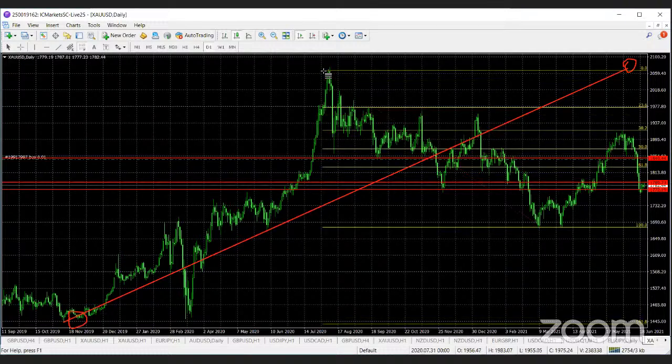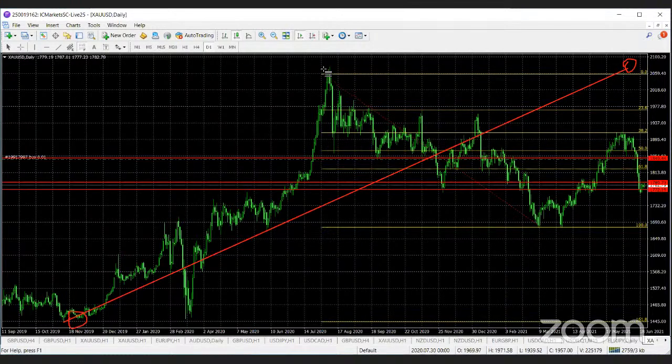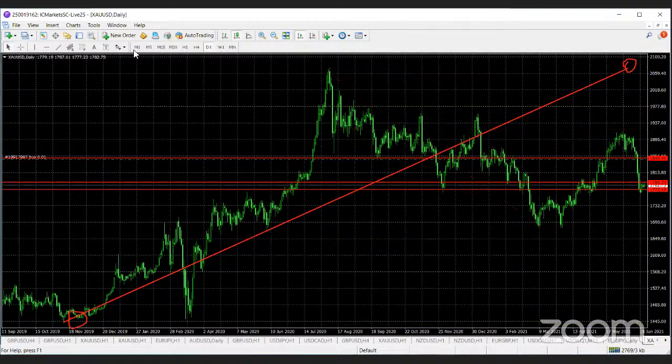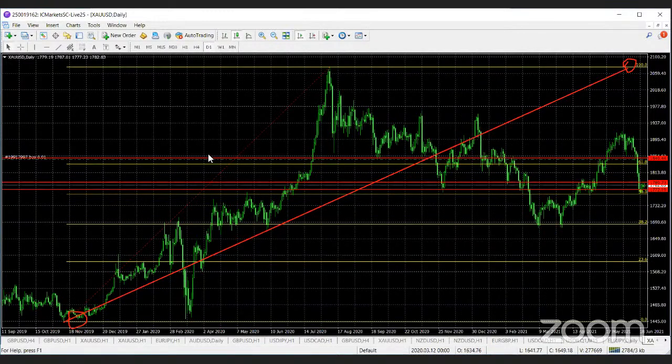Am I doing it correctly? Yeah, I'm doing it correctly. But I think I made a mistake. I should have taken from the low. From here, the recent high to recent low. That's what I wanted. When you're doing a bullish market, you take the recent low to the recent high.